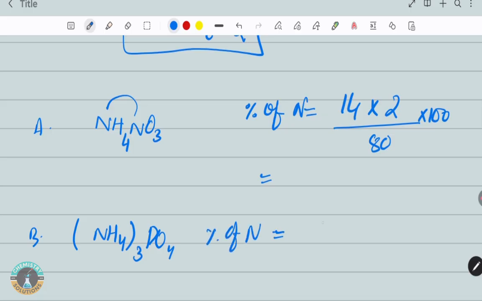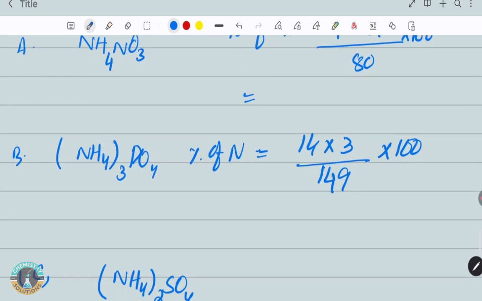Percentage of nitrogen, how many nitrogen atoms are there? 3. 14 multiplied by 3, and the MR of this compound given in the question is 149, into 100.